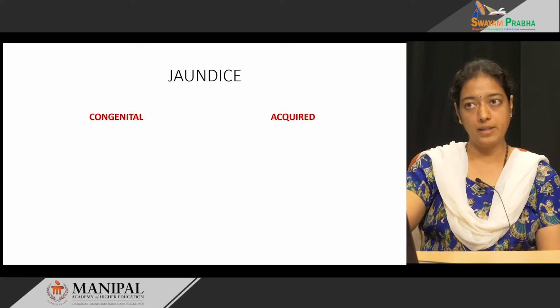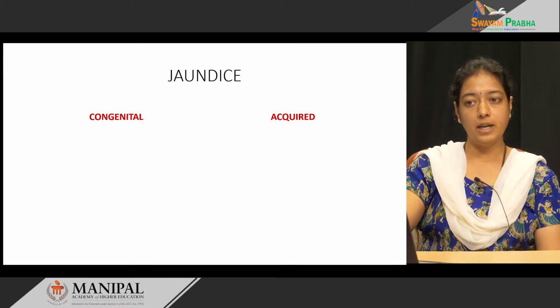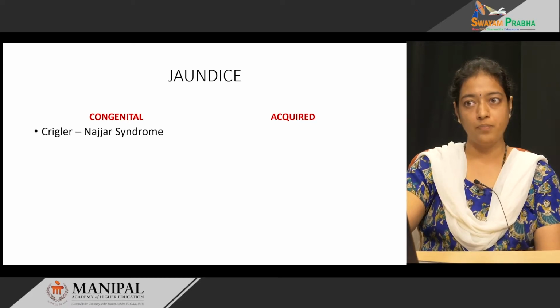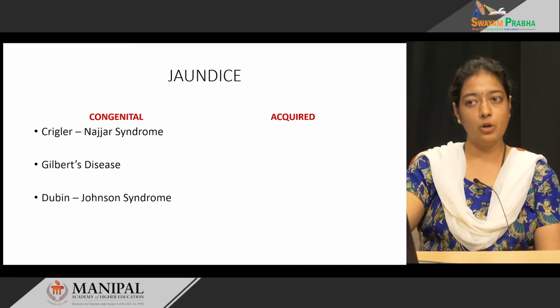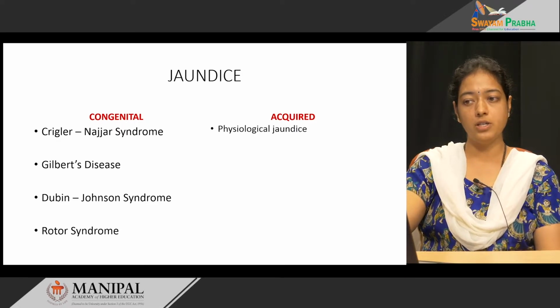So, this completes the types of jaundice. We have seen that there are two types, congenital and acquired. The causes for congenital are Crigler-Najjar syndrome, Gilbert's disease, Dubin-Johnson syndrome and Rotor syndrome. Whereas acquired jaundice has many different types.